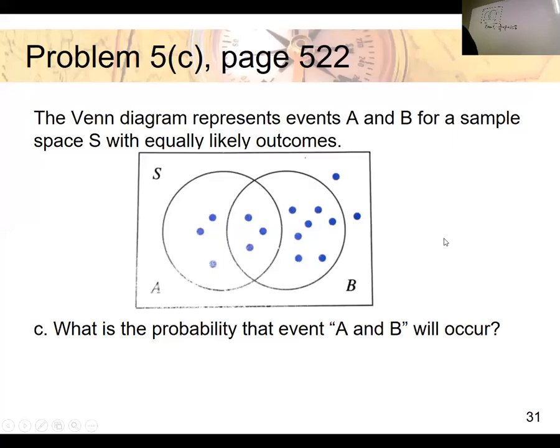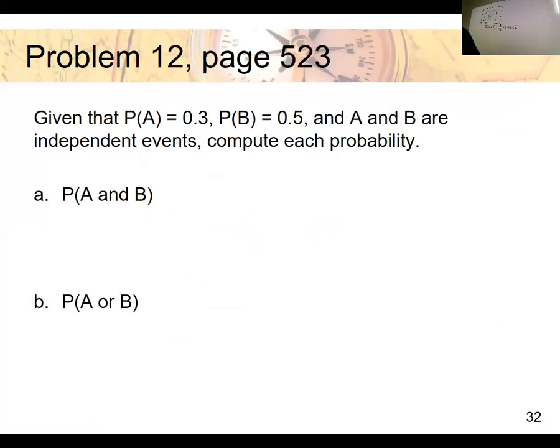Okay. All right, here's problem number 12. You're given the probability that event A occurs is 0.3, and the probability that event B occurs is 0.5. A and B are independent events, and we want to compute each probability.